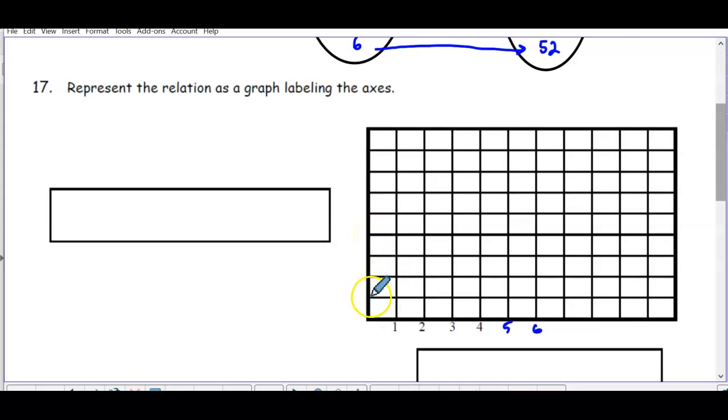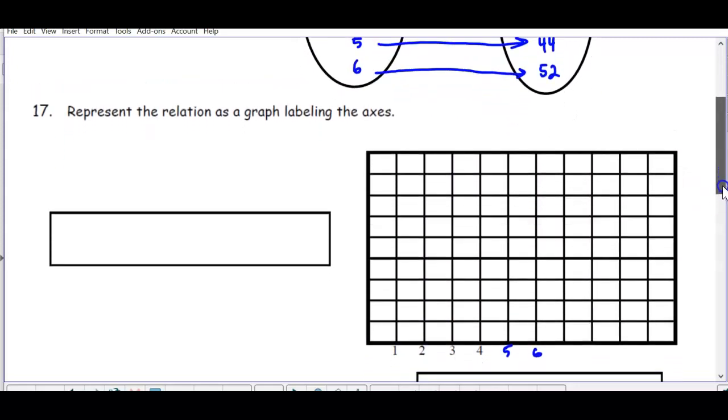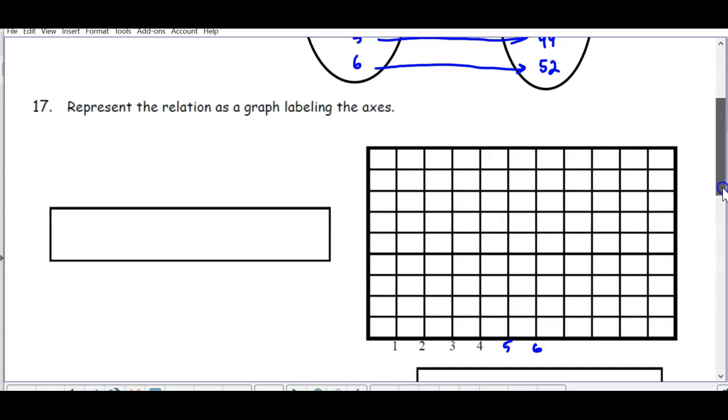Let's see, so 1, 2, 3, 4, 5, 6, 7, 8, 9. So if we did by eighths, we'd have more than enough. Well, I think I'll go eighths.